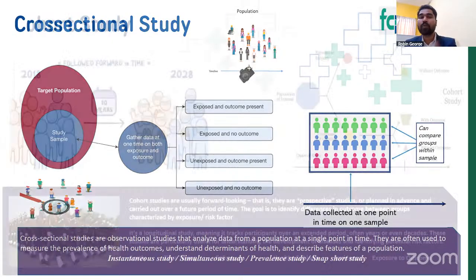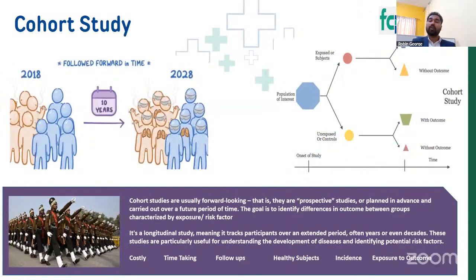Now we move on to the analytic study designs. In analytic study designs, we have the cohort study and the case control study, and the cross-sectional study, which we already finished. So now let's move on to the cohort study and case control study. These two studies are almost similar.